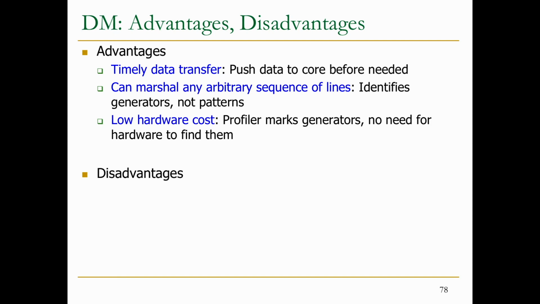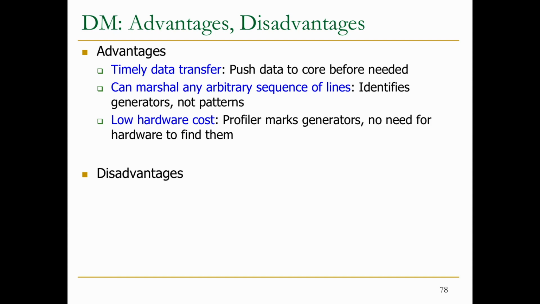Even if there was some pattern over there, it is too short to train the prefetcher, and the prefetcher may not be effective. I will show you examples showing that on average there are 5 cache blocks, I think, if I remember correctly. And again, this is low hardware cost, because we don't do everything in hardware here. The profiler marks the generators, so there's no need for the hardware to find them.